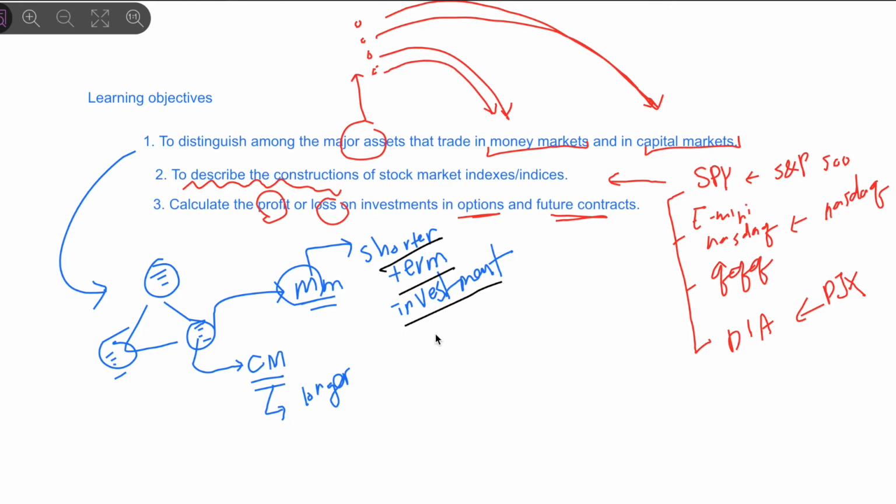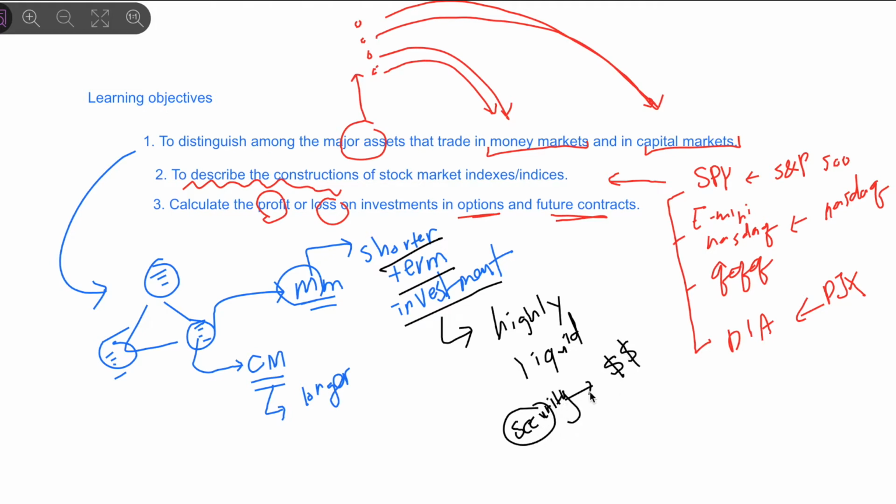Shorter term investments. So it is what? Highly liquid, right? So we can make the security into dollars, right? So we have the security and we can make it into money in no time or very short time, right?